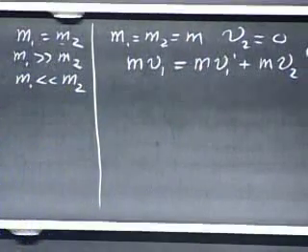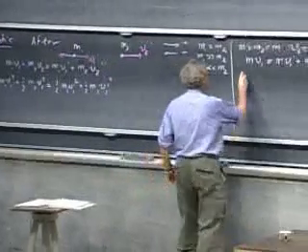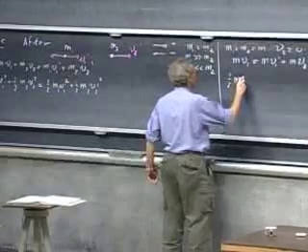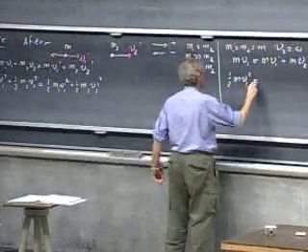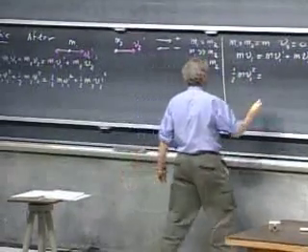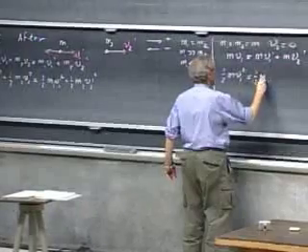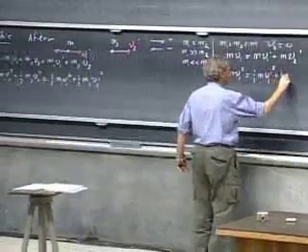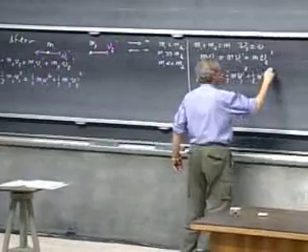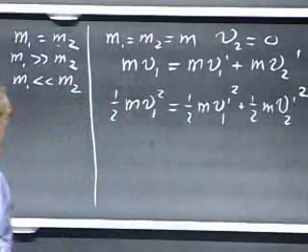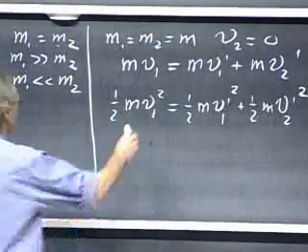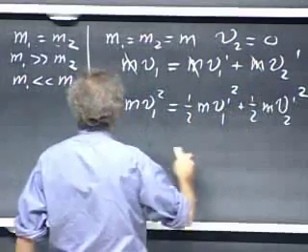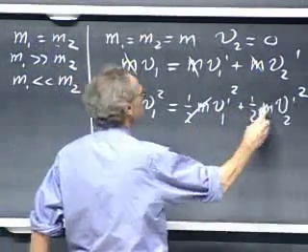Conservation of kinetic energy is 1/2 m v1 squared equals 1/2 m v1 prime squared plus 1/2 m v2 prime squared. Notice that now I lose my m's, which is very convenient. Here I lose my 1/2 m's even.